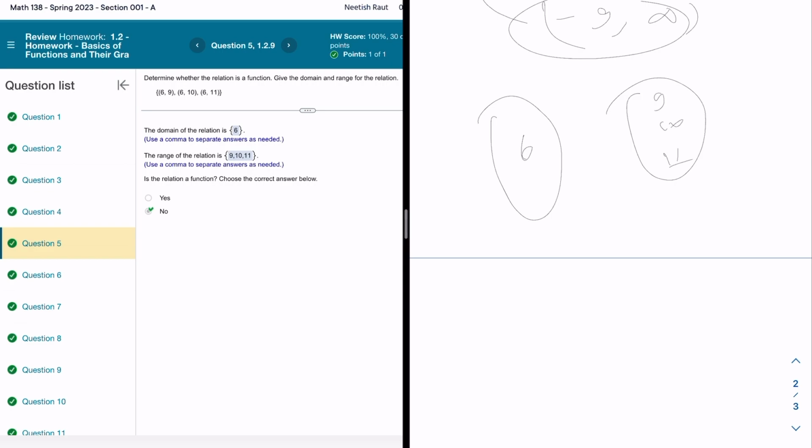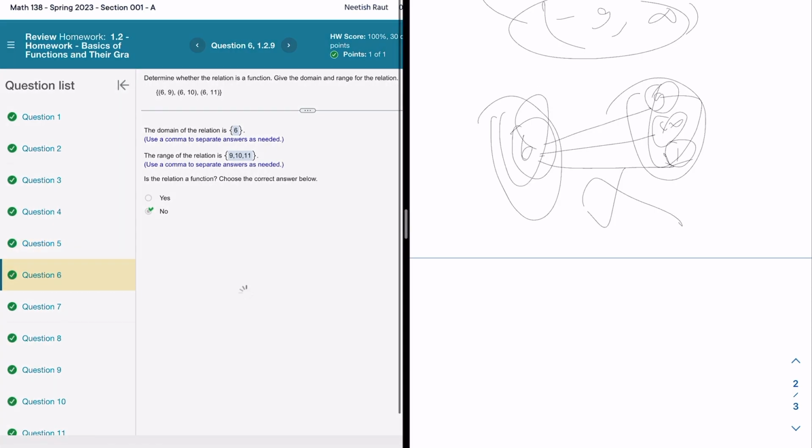So just think like this is a boy, and his date of birth is 9, 10, 11, all of those. Can it be possible? No, that's why this is not a function, but it has a domain and range. Okay, 6th number.